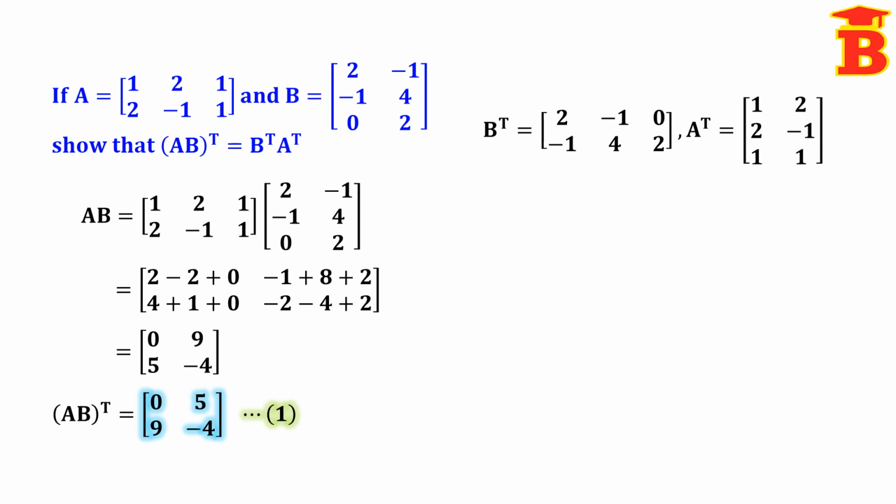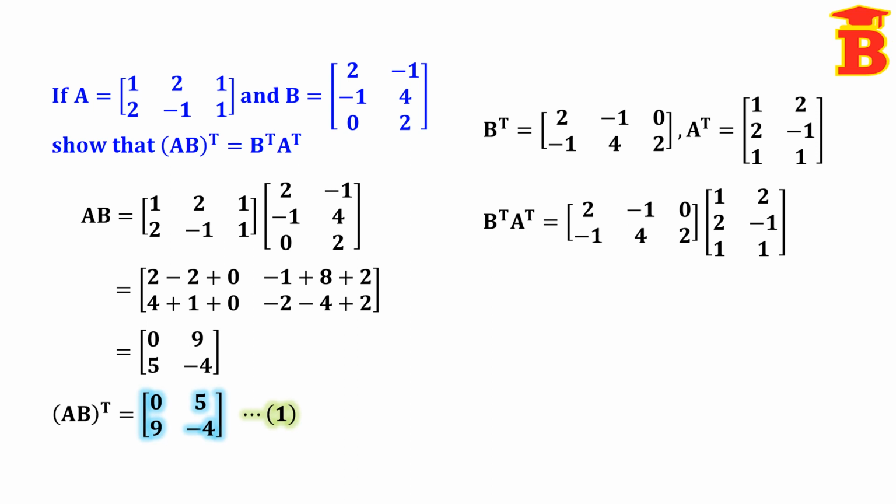Now we have to multiply these two. So B transpose into A transpose equals B transpose, which is [2 -1 0; -1 4 2], and A transpose, which is [1 2; 2 -1; 1 1]. We have to multiply this.